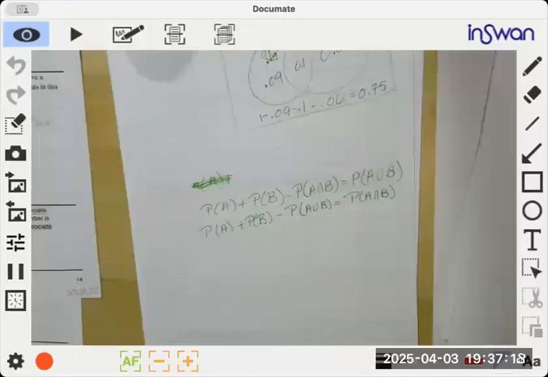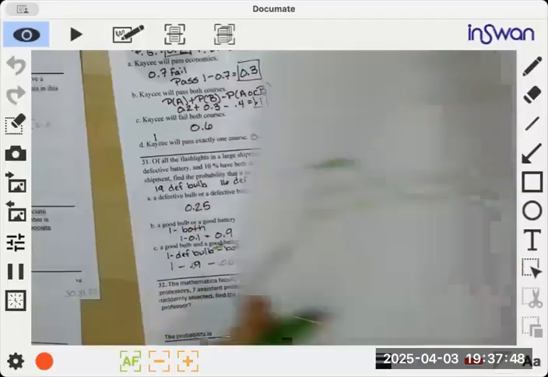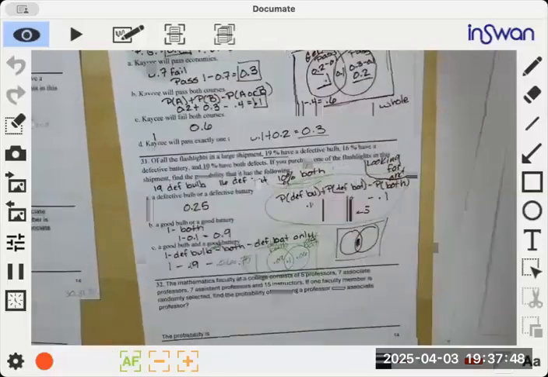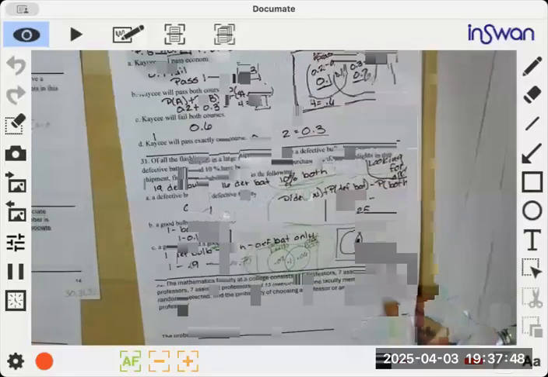I'm trying to look and see if there's another question with that kind of setup in here. Sorry to interrupt, could you clarify? If good bulb or good battery, wouldn't that be good bulb union good battery? So wouldn't that be the 0.75, since that's what's outside of the defective bulb and defective battery?